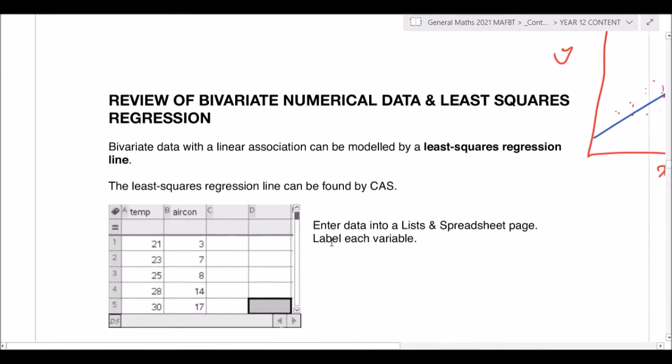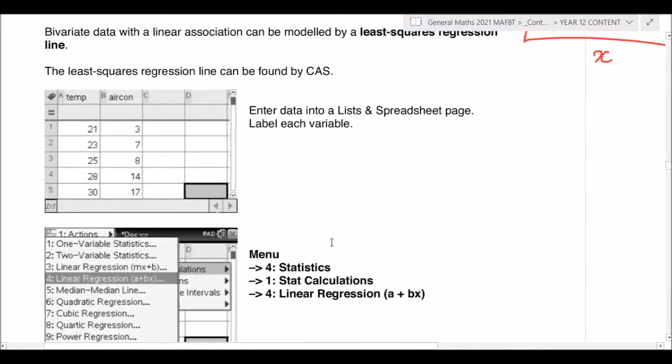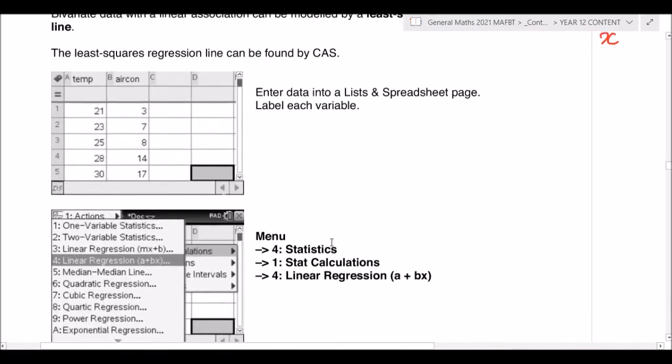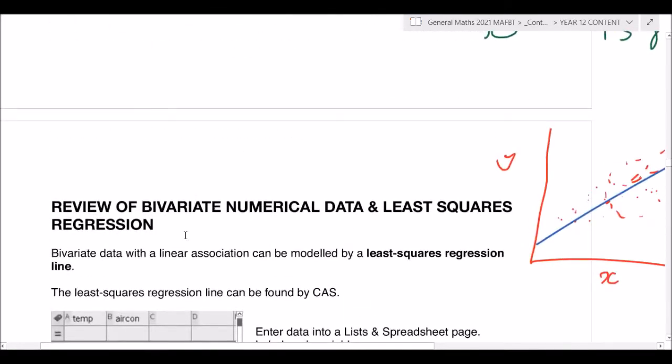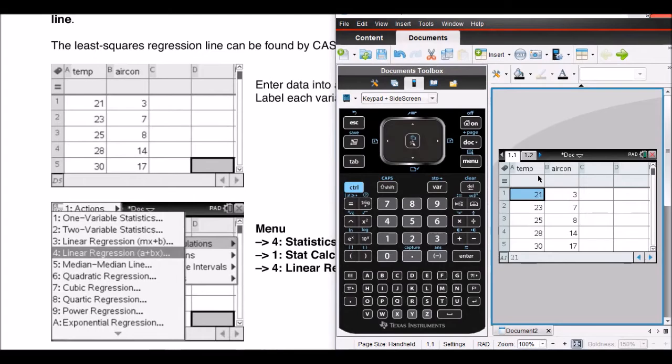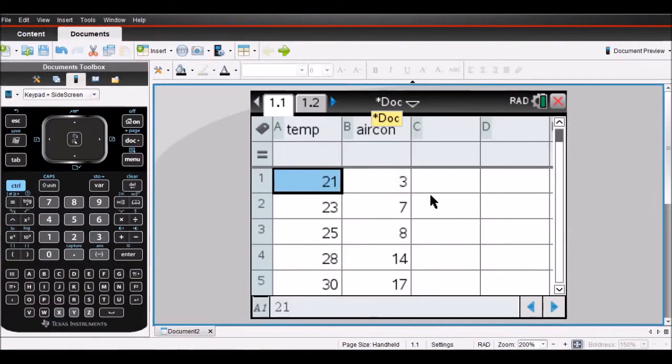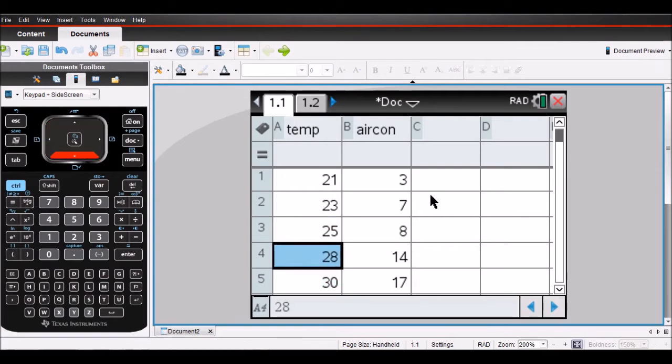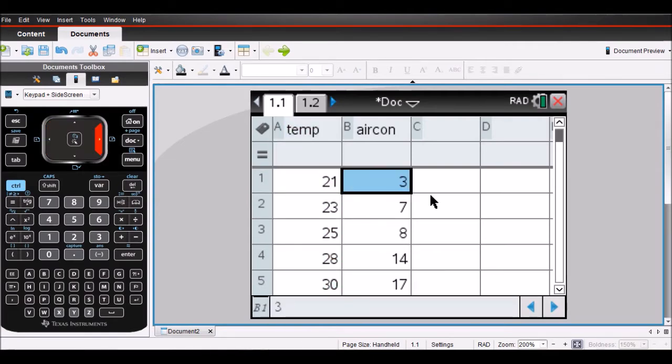Just a quick recap as well on how we do all this on the CAS. Rather than me reading through all of this, you can refer to this again if you want to, but I'll just show it to you on the CAS. If you wanted to graph these plots on a scatter plot, you would first need to put your data in, like so, and label your column.